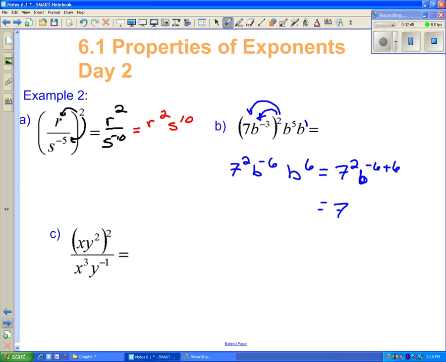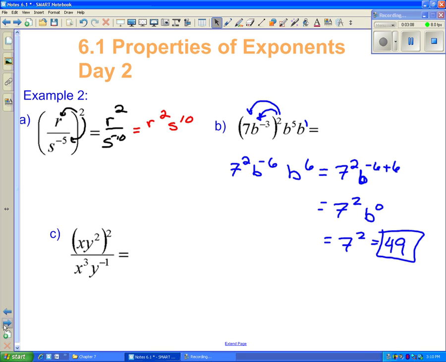So this is 7 squared b to the 0, or it's just 7 squared, which is 49. So I distributed the 2, I got a negative exponent, but my exponents canceled to 0. Anything to the 0 power is 1, so I end up with 49.